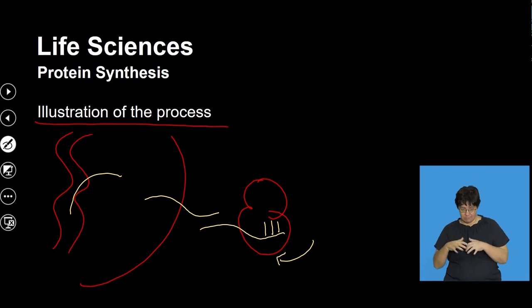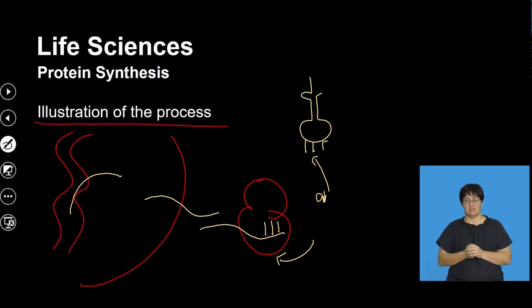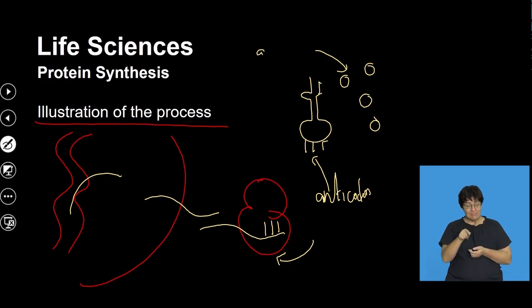That's a codon. It will then instruct a tRNA molecule with the anticodons, which are here, to bring in a specific amino acid. So we refer to that as the amino acids. And these amino acids are activated by the tRNA.